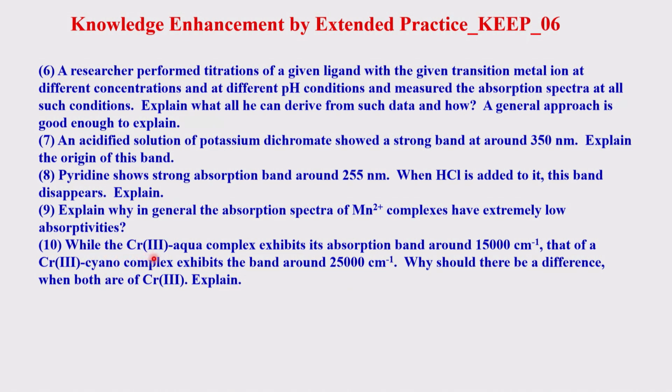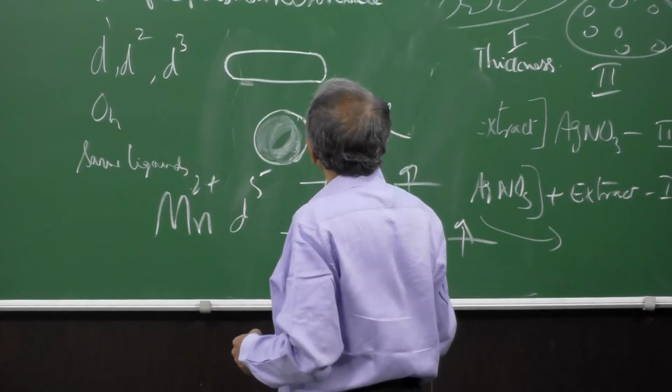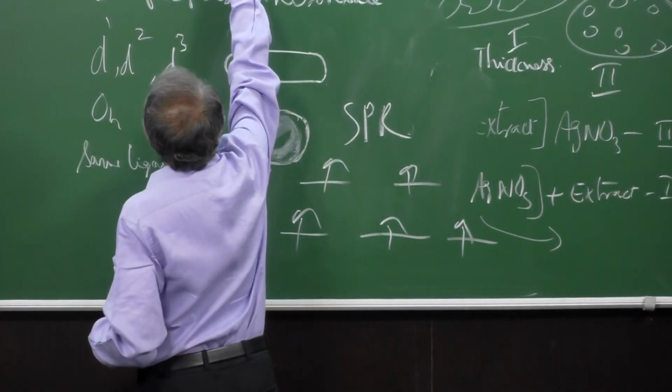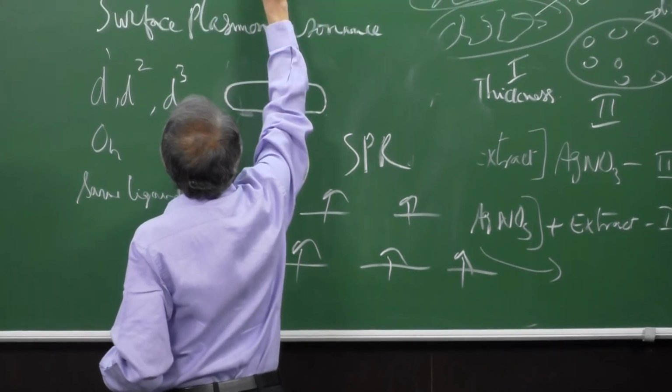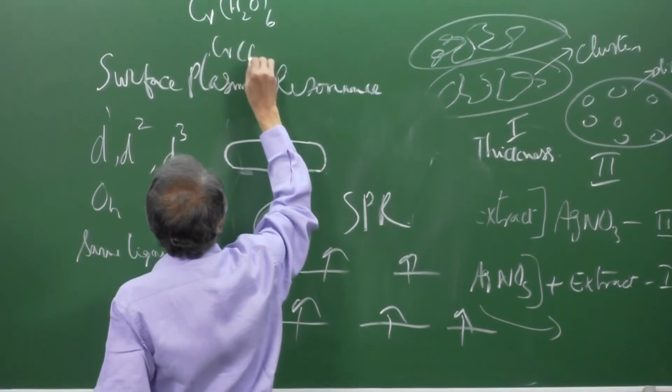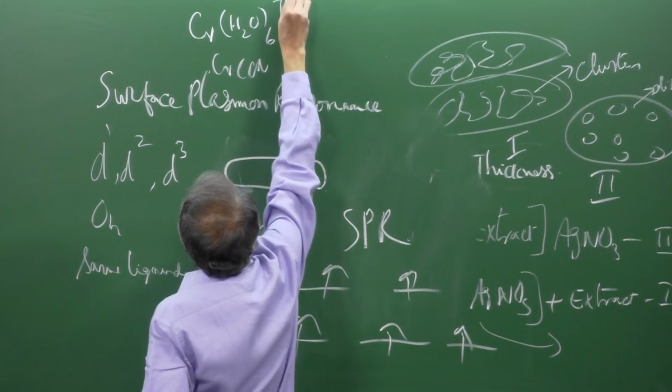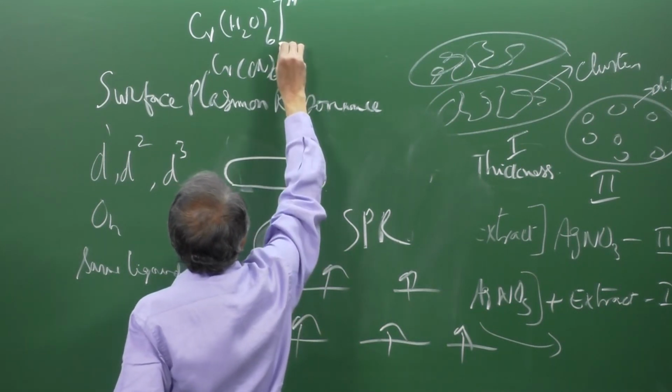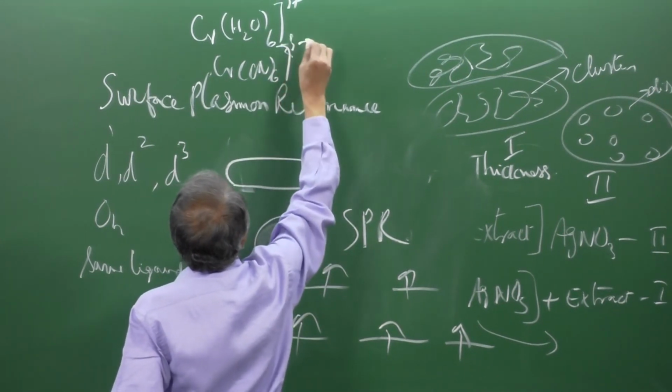While the chromium(III) aqua complex exhibits its absorption band around 15,000 centimeter inverse, that of the cyano complex exhibits it around 25,000. Let us assume octahedral, both have 6 ligands. So you have Cr(H2O)6 3+ and Cr(CN)6 3-.